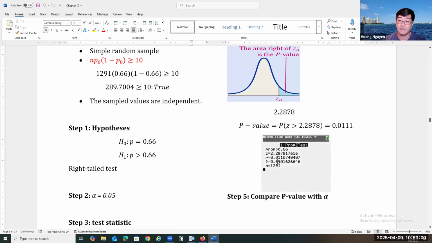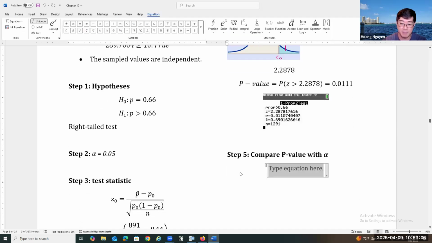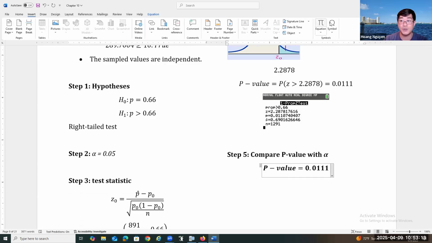We got the answer for the p-value, 0.0111. Now we are ready to move on to step number 5. Let's compare the p-value, 0.0111, with alpha from step number 2. We know alpha is equal to 0.05. When you compare the p-value and alpha, is the p-value less or more? This is 0.01, this is 0.05.